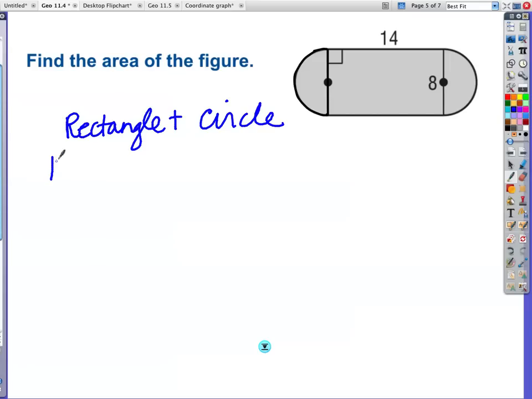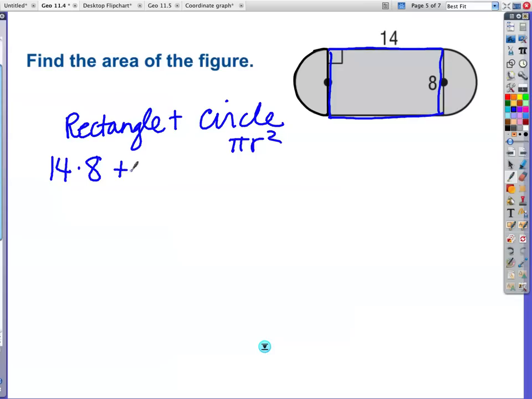The rectangle is 14 by 8. My circle is still going to be pi r squared.